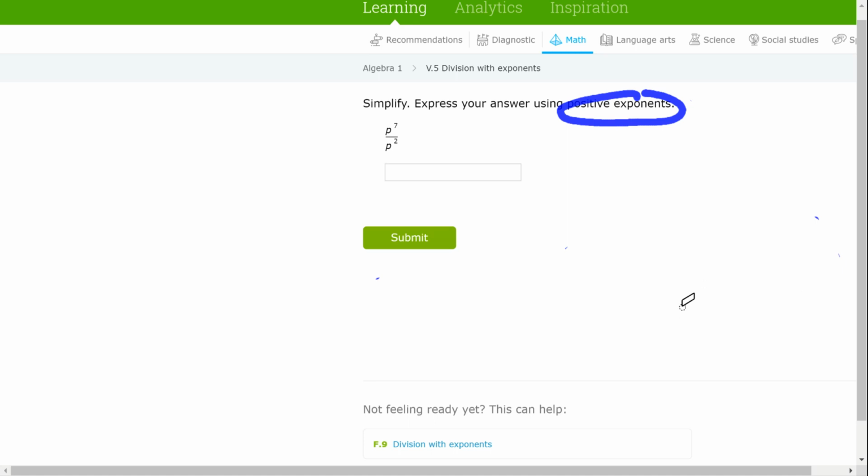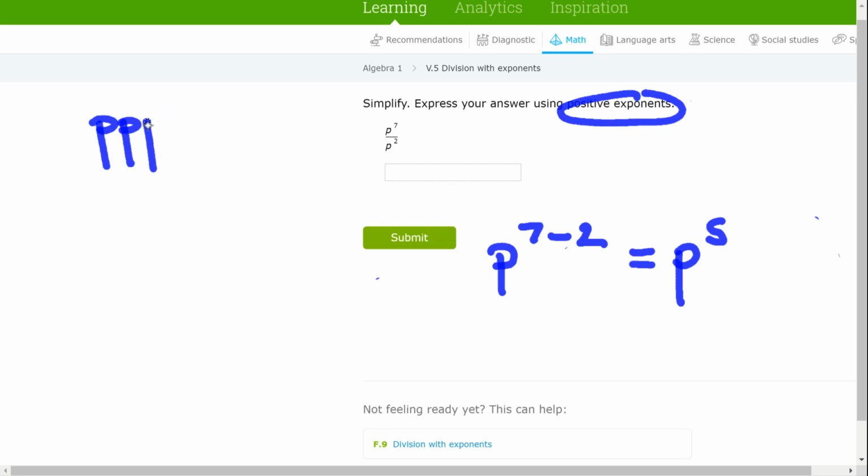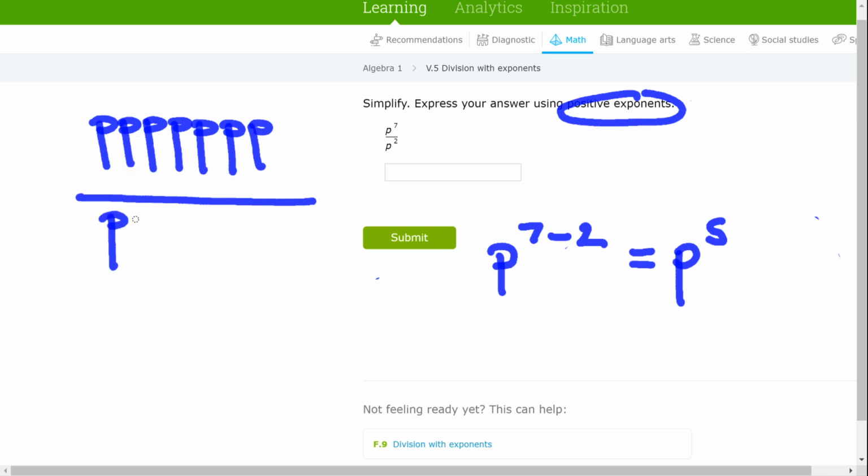So if you notice here, we have p to the 7th divided by p to the 2nd. So we have to minus the exponents. So we have p to the 5th. Notice it's positive, so it's just going to stay in the numerator. If I were to write this out I would have to write 7 p's on the top, because p to the 7th means p is repeated 7 times. And then I would write p squared, which is just 2 p's on the bottom.